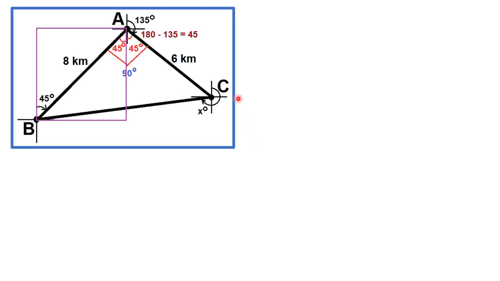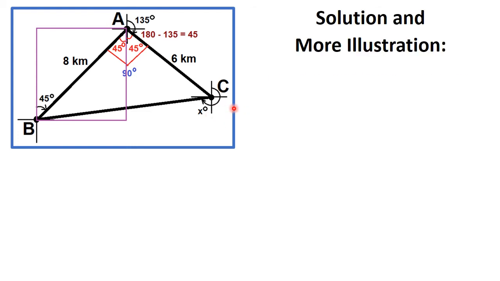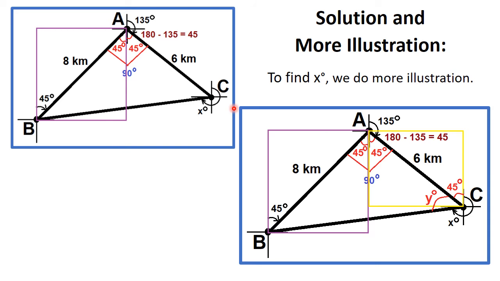To find the bearing that we are looking for, we need to find some values first. Look at the yellow rectangle. Again, the alternate interior angles created by the diagonal of the rectangle as the transversal are congruent. So again, if this angle is 45 degrees, then this angle must also be 45 degrees.